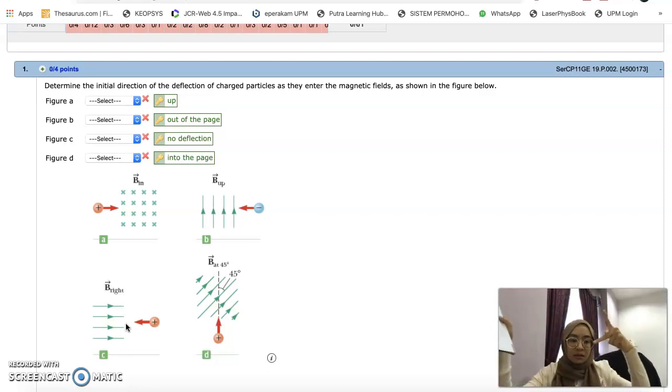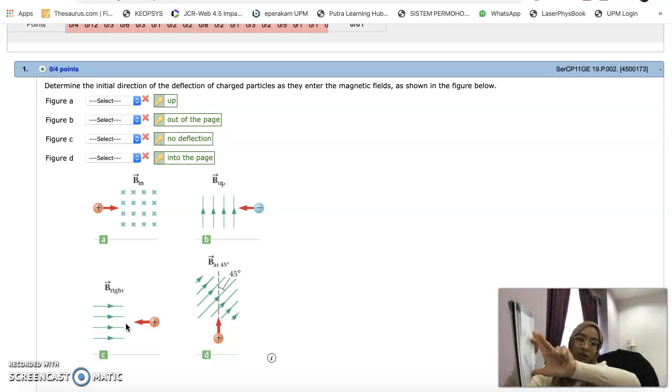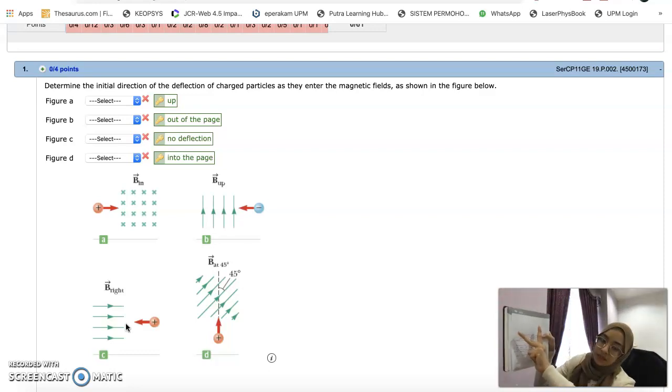Again, your index finger is your velocity, and then your other finger is your B. So instead of 90 degrees, it's slightly smaller, which means that the magnitude of the force will be smaller. And then your thumb points into the page, and that is what the answer is.